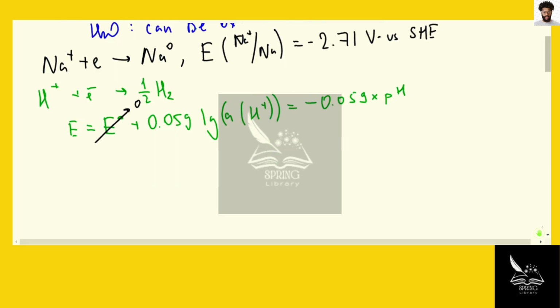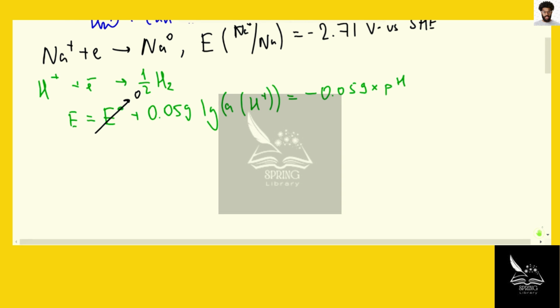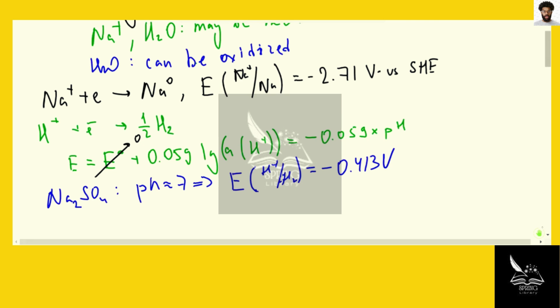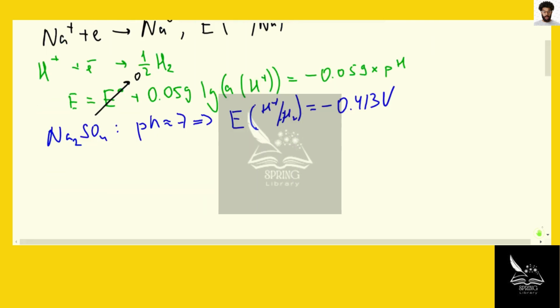So we need to keep in mind that sodium sulfate has roughly neutral pH. That's why the potential of the couple H plus and H2 equals negative 0.413 volts, which is above the potential of sodium.